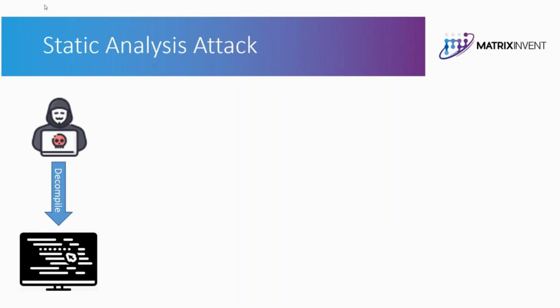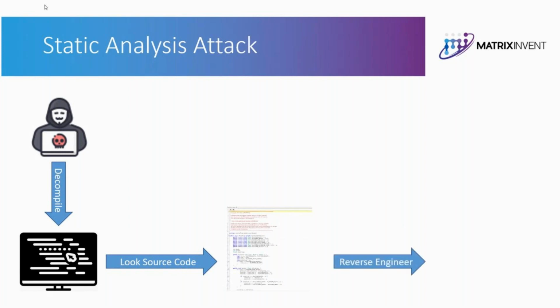During a static attack, the hacker may look at your organization's application source code and attempt to reverse engineer it to understand how the app functions. From there, they may look for further security vulnerabilities within the application or sensitive information to extract.